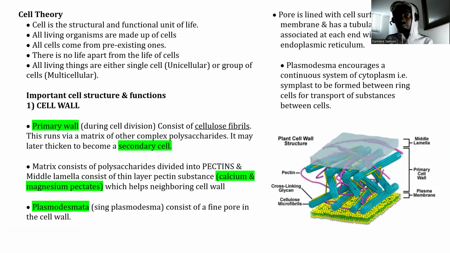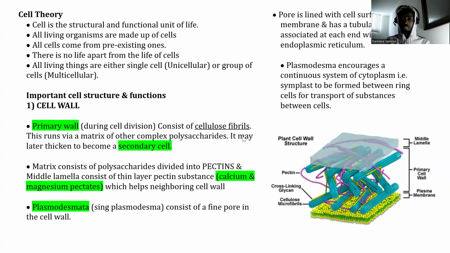If you are talking about a bone, which also helps in support in human beings, you always make mention of some minerals, and these same minerals are doing the same function in plants also, which is calcium and magnesium. So they help neighboring cell walls, bring everything together and strengthen it, preventing breakage or making it more flexible.